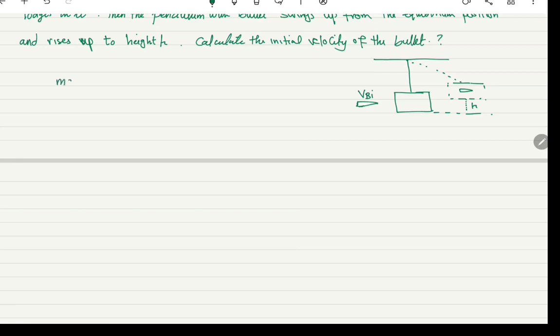So mgh is equal to half v initial squared. Now v initial squared is the final velocity for the collision case. So the v initial here is the velocity of the wood and the bullet inside it. So in this case, mass with mass, and v is actually equal to the square root of 2gh. Let's just keep this one here.